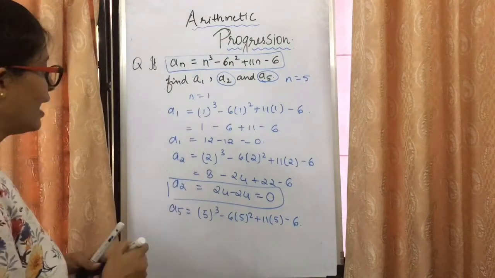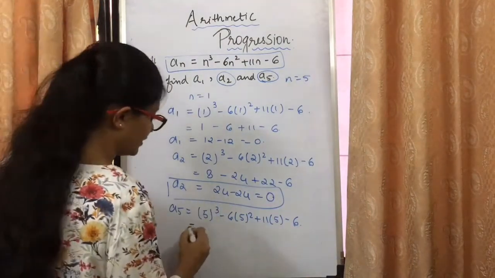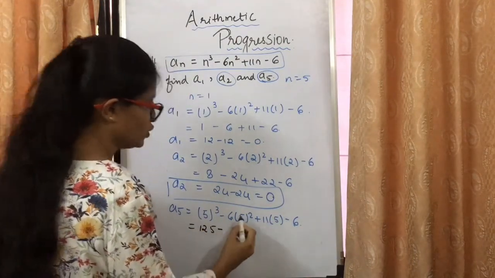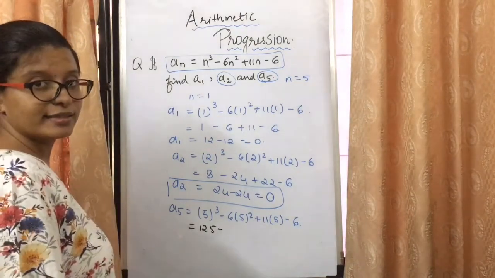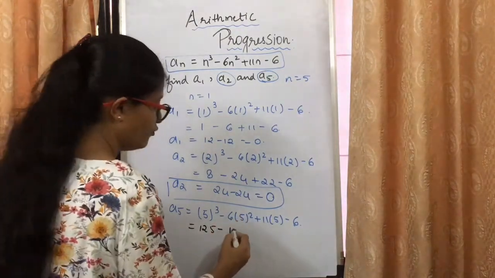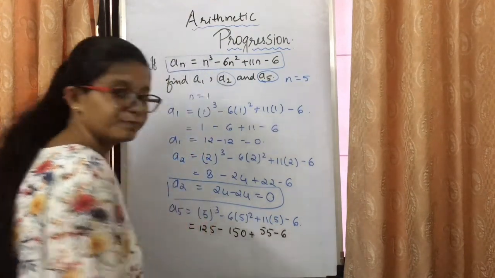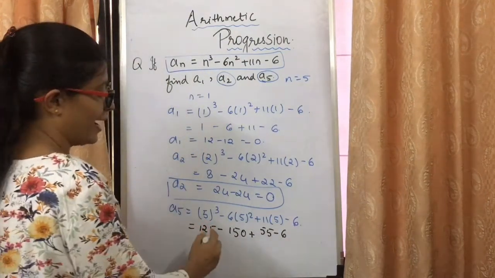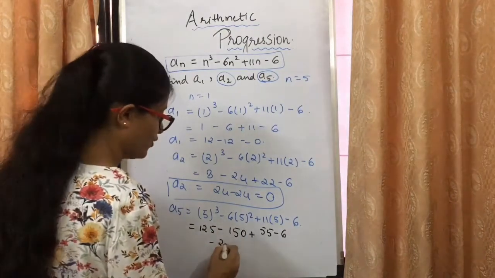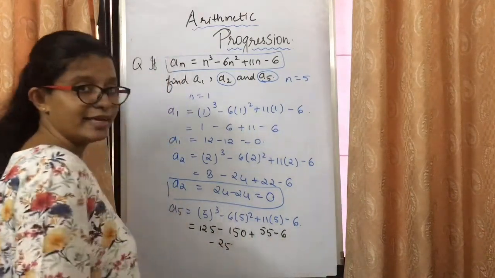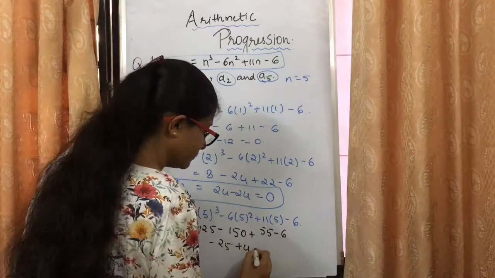Fine. Now, can you say 5 cube is nothing but 125 minus 25 into 6, 25 into 6 is 150, plus 55 minus 6. So, 125 minus 150 will give you minus 25. 55 minus 6 will give you plus 49.